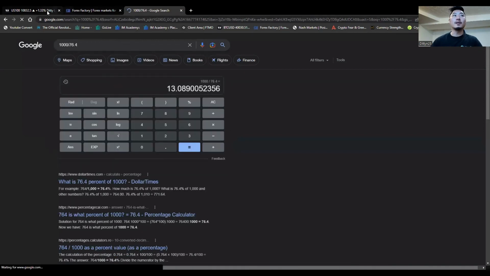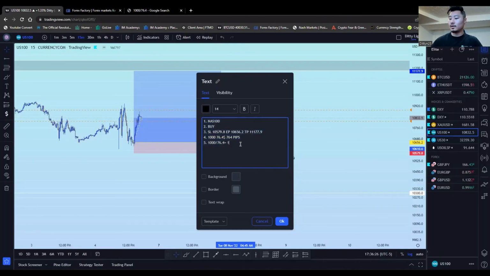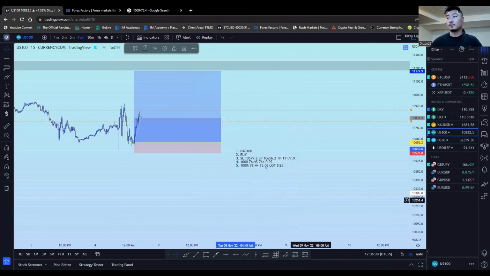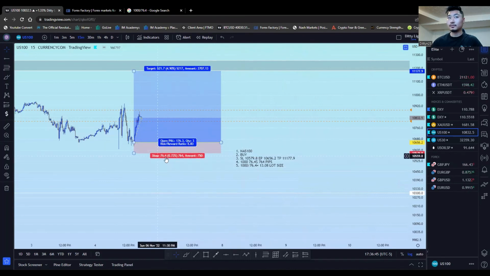boom, 13.08, right? 13.08 lot size, boom, boom, boom. That's it. There we go. You don't need to divide it by 10, right? Just 1,000 divided by the amount of money that you're risking on the stop loss in terms of dollars and not the pips.